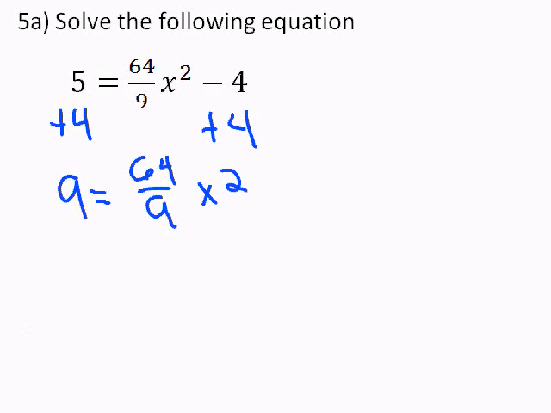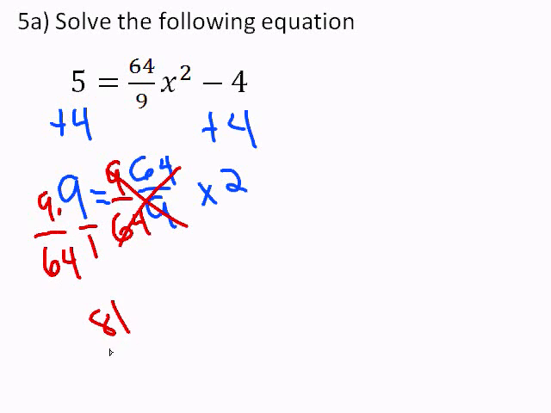To get rid of the 64 over 9 off the x squared, we're going to multiply both sides by the reciprocal, 9 over 64, that cancels. 9 over 64, put 9 over 1, 9 times 9 is 81 over 64 is equal to x squared.